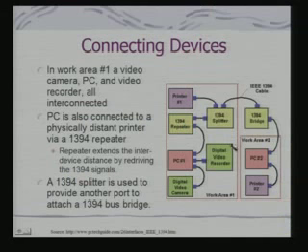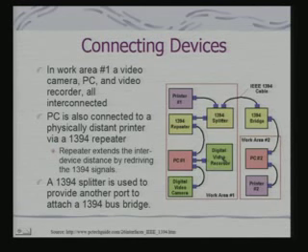This is an example where we have identified two work areas, work area 1 and work area 2. In work area 1, a video camera, a PC, a video recorder, all are interconnected. You have a digital video camera, a printer, a digital video recorder, and this PC has typically, let us say, 3 IEEE 1394 ports.